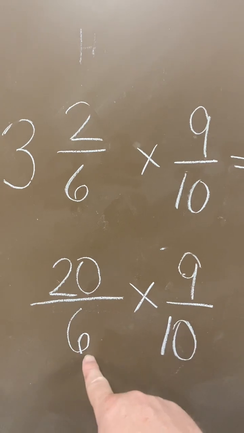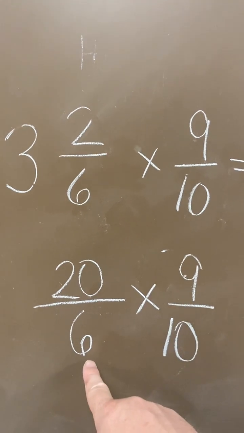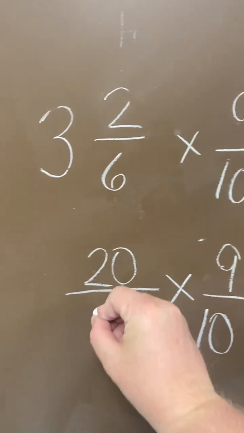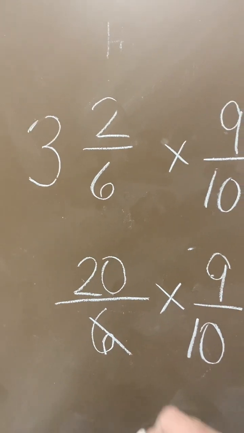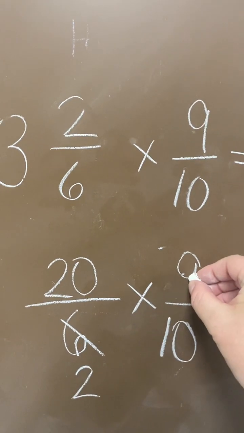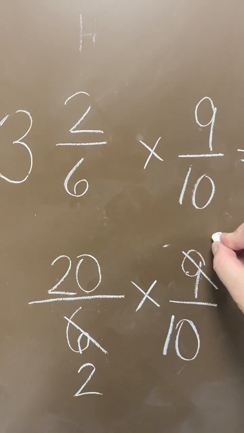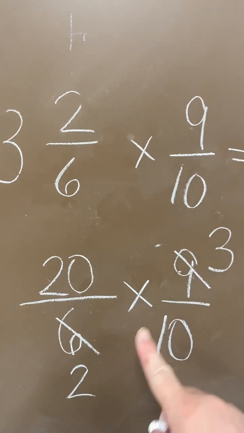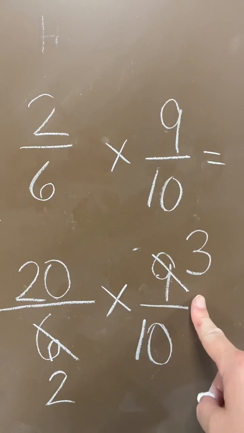No. Will 4 work? No. Will 3 work? Yes, 3 will work. 3 will go into 6 how many times? 2 times. And 3 will go into 9 how many times? 3. So 6 divided by 3, 2. 9 divided by 3, 3.